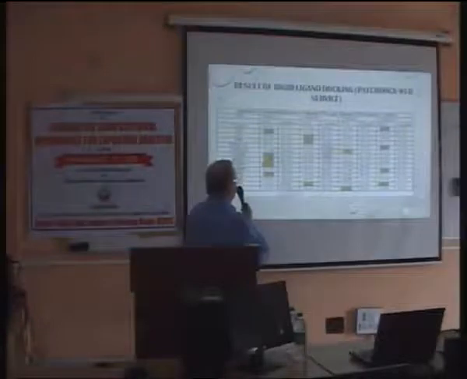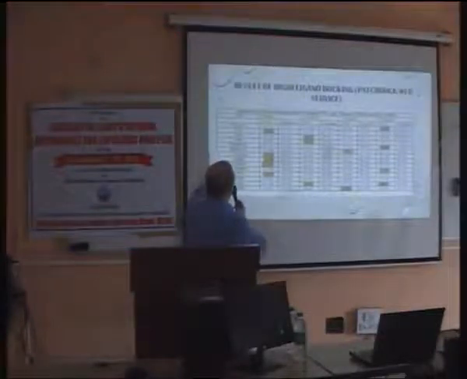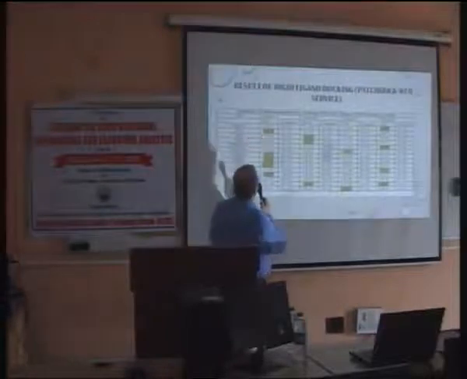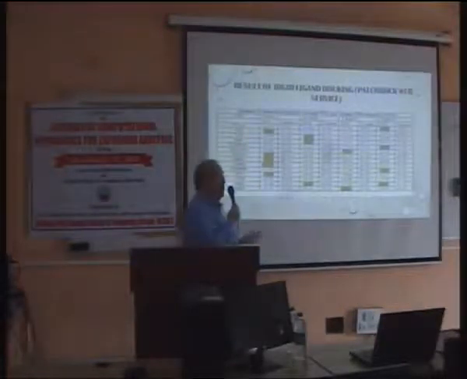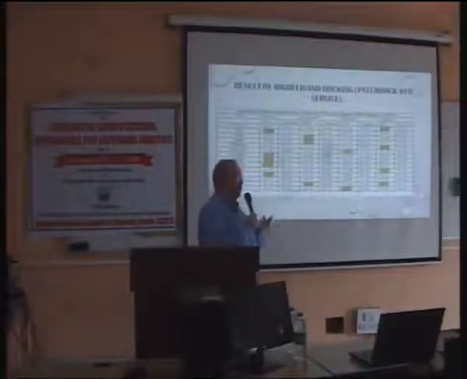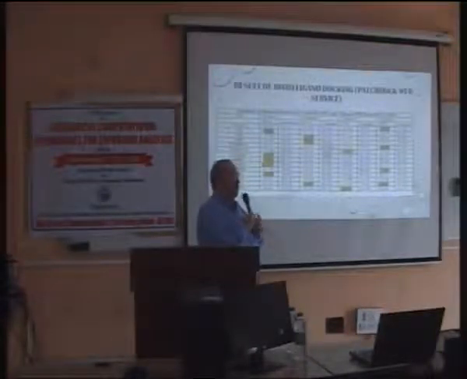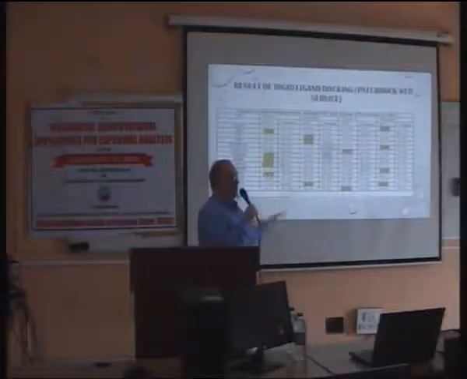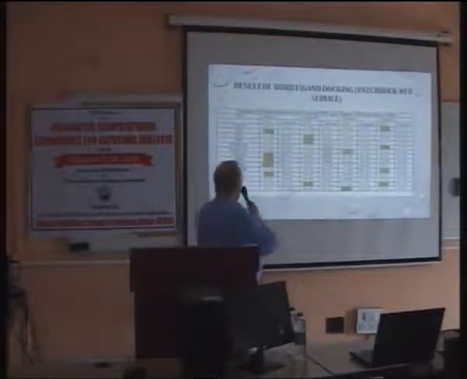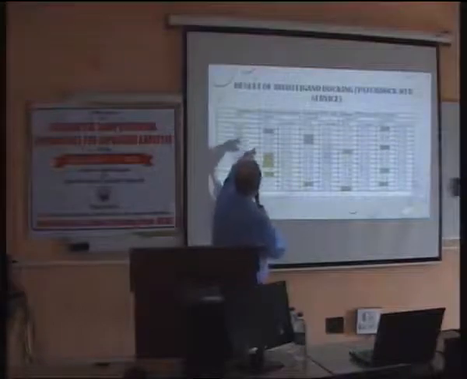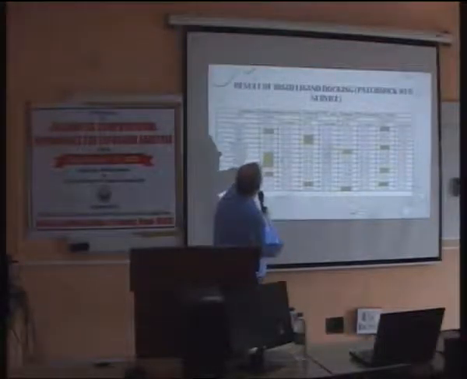PatchDock, FireDock, and you can see the lowest contact energy. What is the contact energy? The contact energy at the end of the history is the strength of interaction between a chemical and its target. You can see the minimal and probably the maximal.